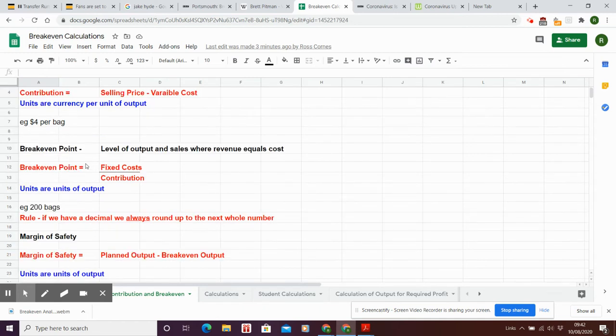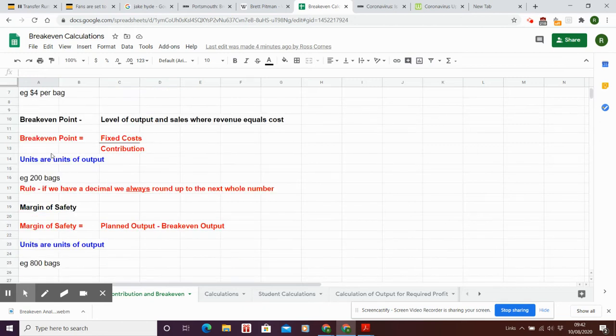And be very careful when we're doing this sort of management accounting. Make sure you get your units right. So, for example, it's $3 or £3 per bag, $4 or £4 per bag.